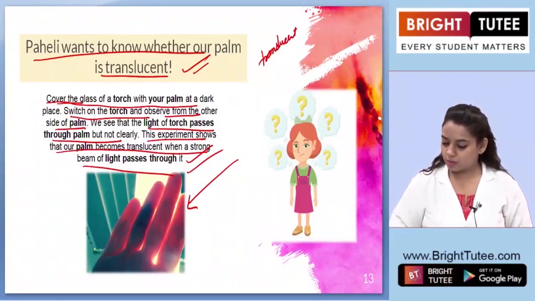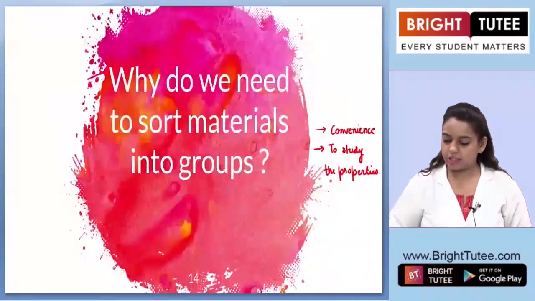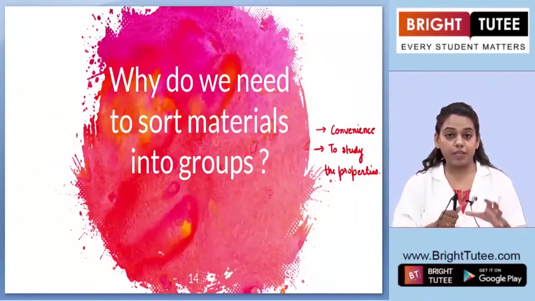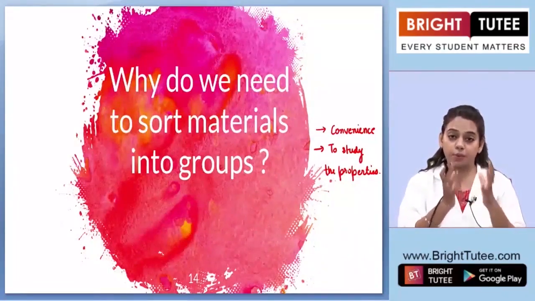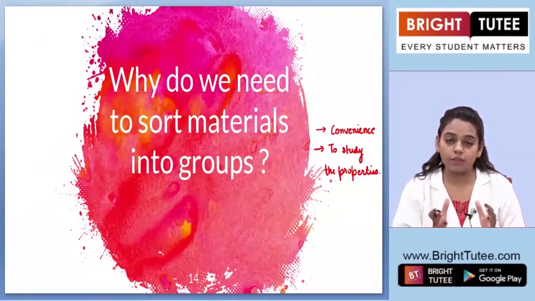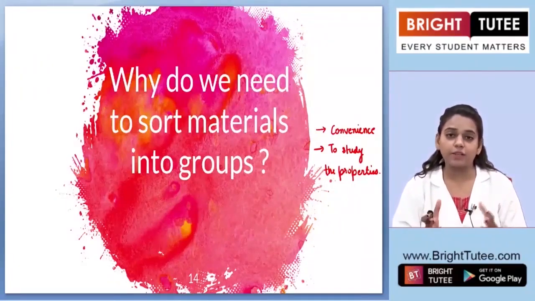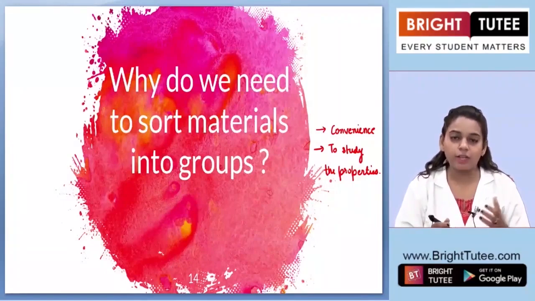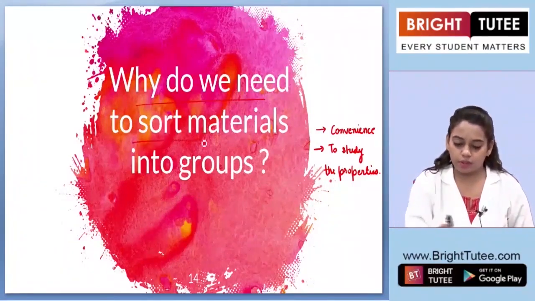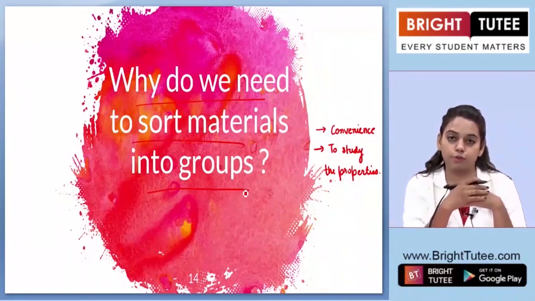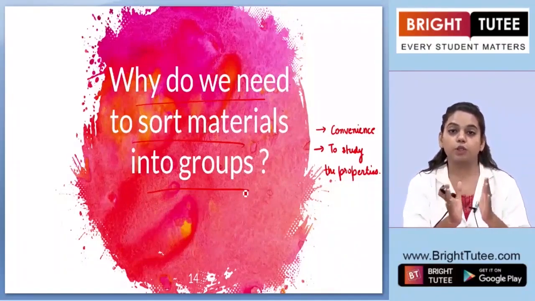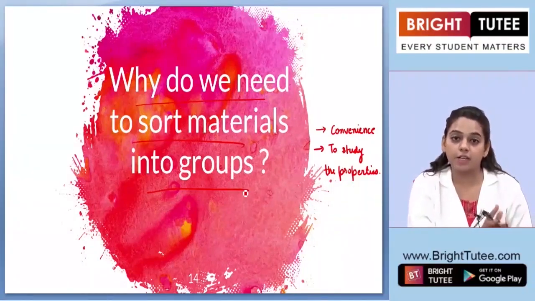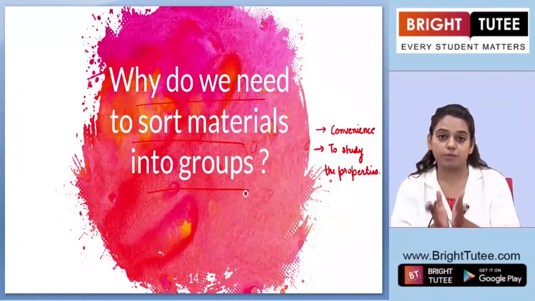Okay, so this was all about sorting materials into groups. But wait, we have a query over here, that is, why do we need to separate or sort the materials into groups? Why do we do that? So in your homes also you would have observed that you place all the pulses and cereals on one side, you place all the bakery products on some other side.